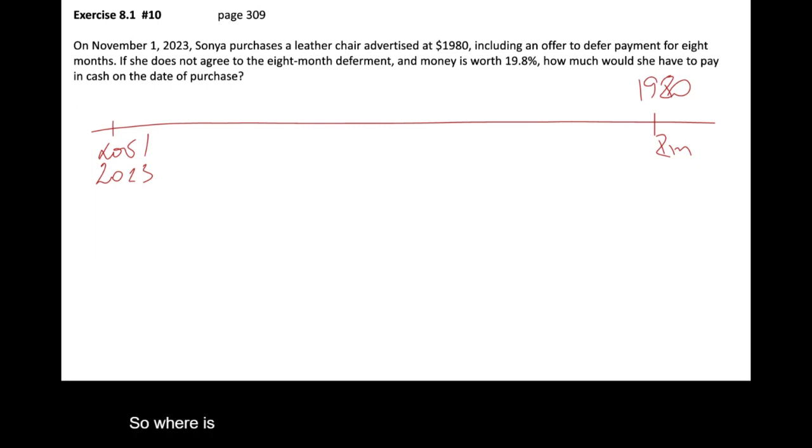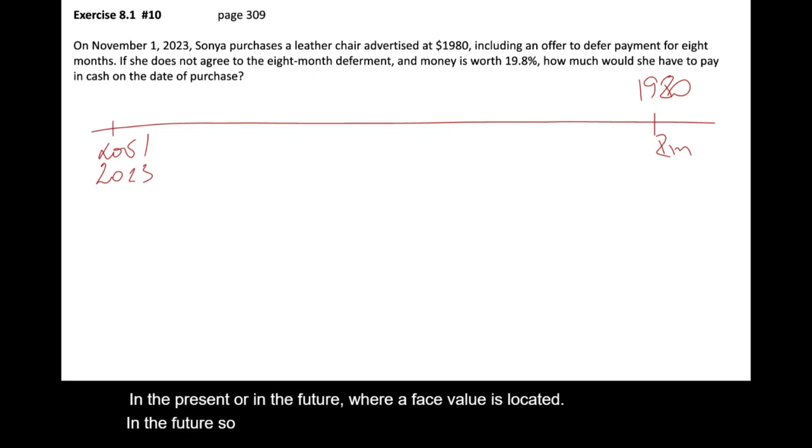So where is the face value located? People, in the present or in the future, where is face value located? In the future. So what kind of note do we have? Non-interest bearing. Very good.